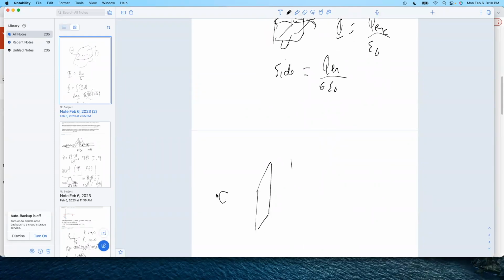So I got my electric field here. It's flowing through this side here. So my normal vector points out. There's my normal vector. E is parallel with the normal vector.